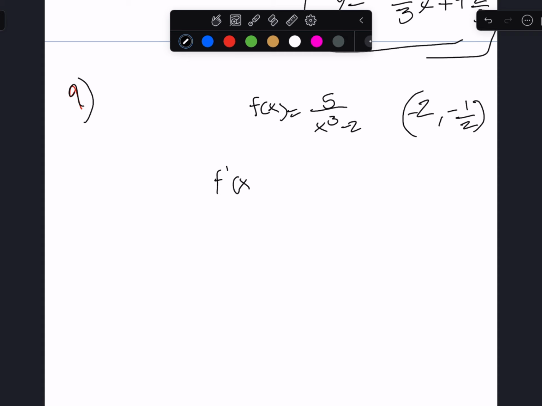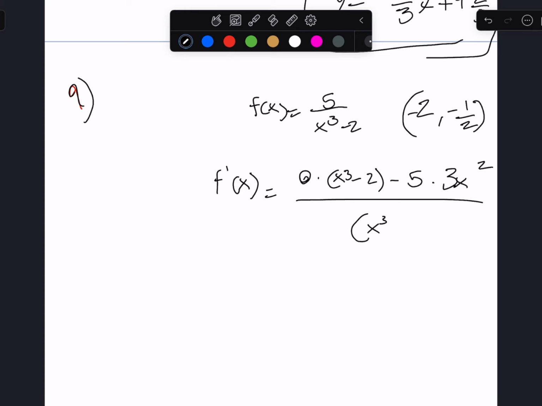So f prime of x equals the derivative of 5, which is 0, times x cubed minus 2, minus 5 times the derivative of x cubed minus 2, which is 3x squared, over (x cubed minus 2) squared.